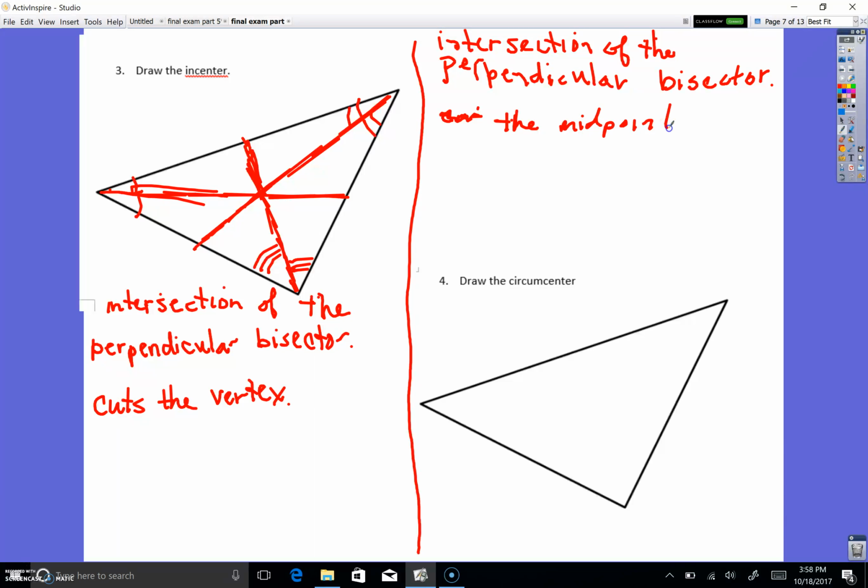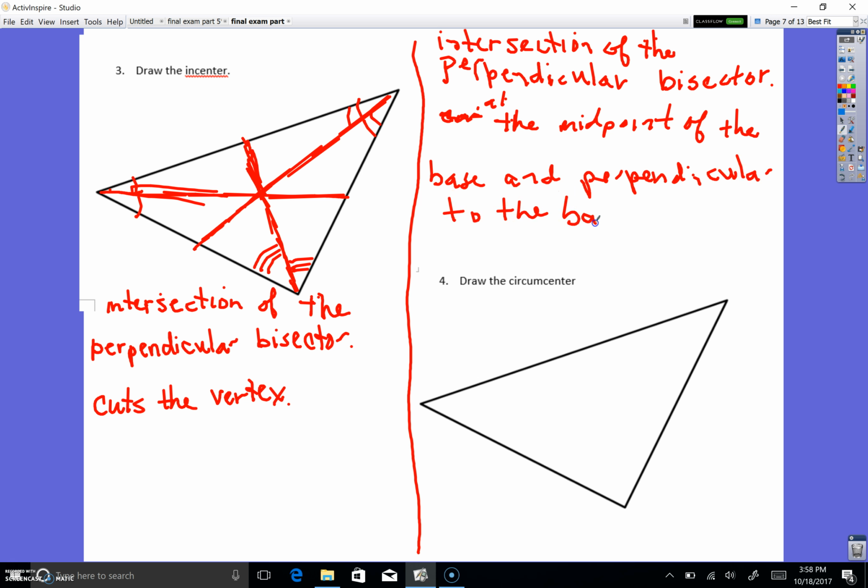It's at the midpoint of the base and perpendicular to it. So it's perpendicular to the base. Okay.